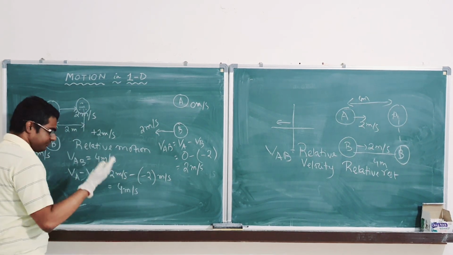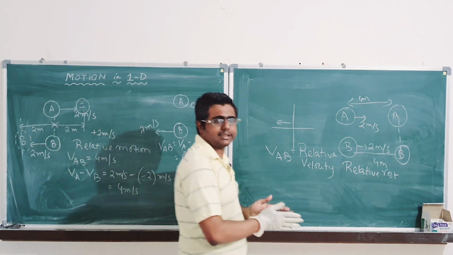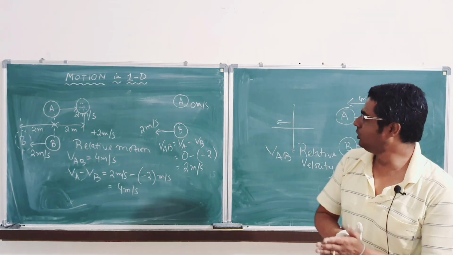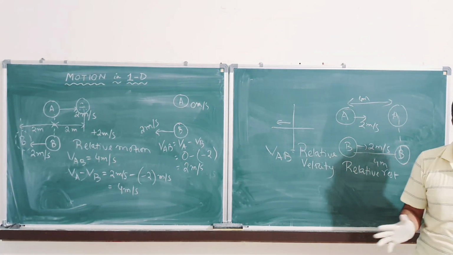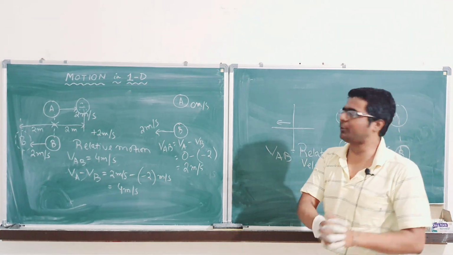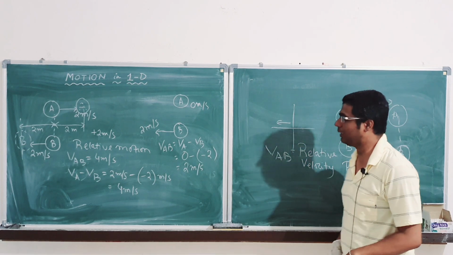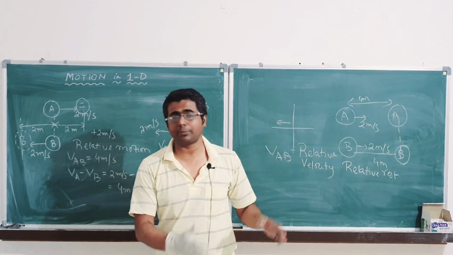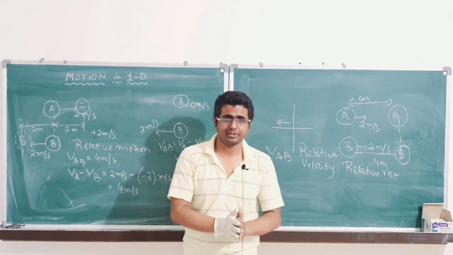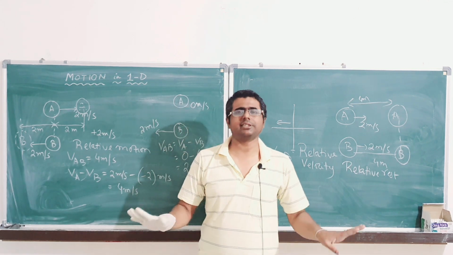Clear? So that is all about rest and motion. I hope you have been clarified about rest and motion. Also important things that we have learned about relative velocity, relative motion, and relative rest. ठीक है? I think the concept is crystal clear.